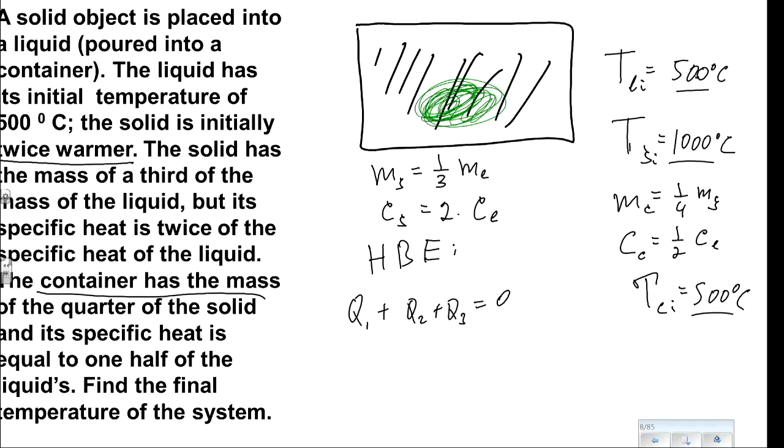Since each term represents a temperature change, we write C1 M1 delta T1 plus C2 M2 delta T2 plus C3 M3 delta T3 equals 0. But we need to decide what to call number 1, number 2, and number 3.